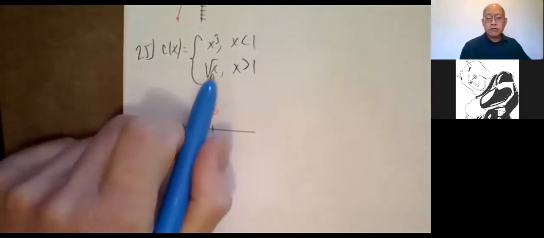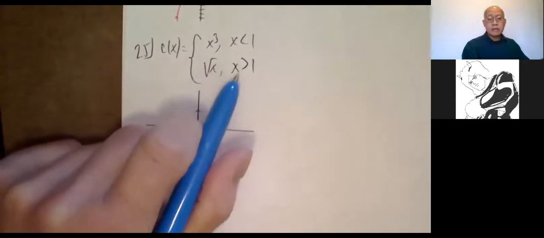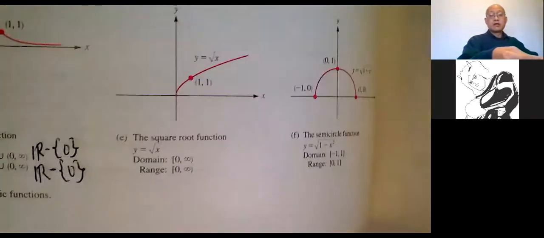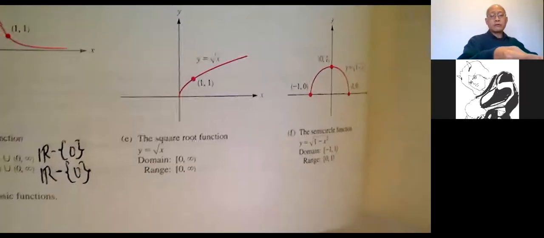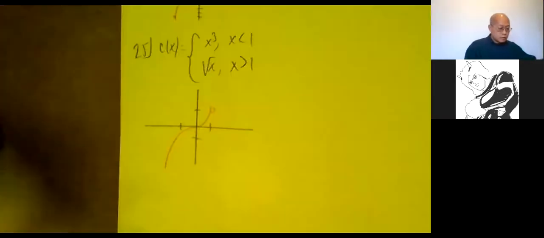Okay, now, what's the square root of 1? 1. So open circle there. And then the rest of the time, I just draw the square root function, which kind of looks like this, right? Square root function. In fact, they have the point 1, 1. So after 1, 1, I just kind of curve it like they got it there.